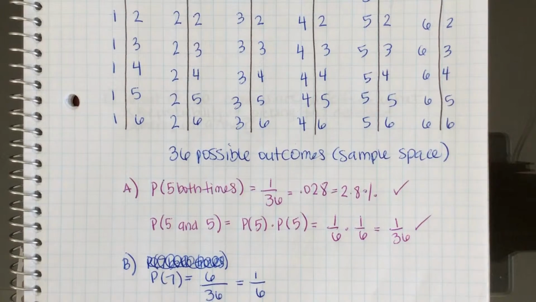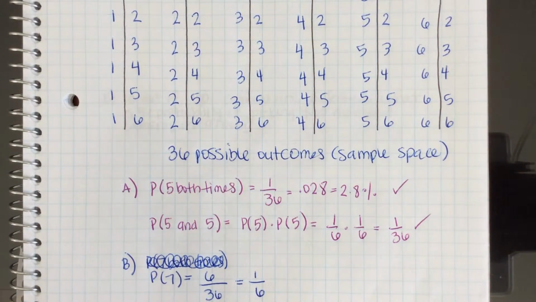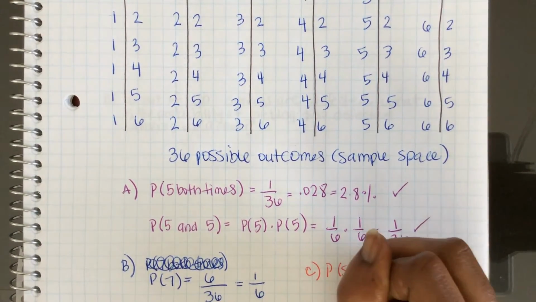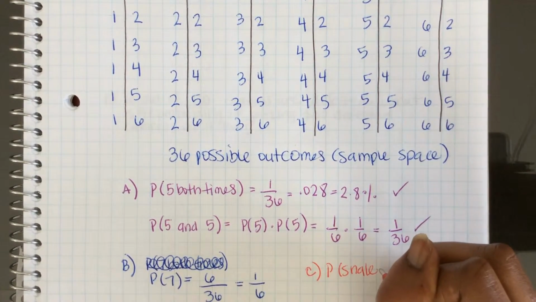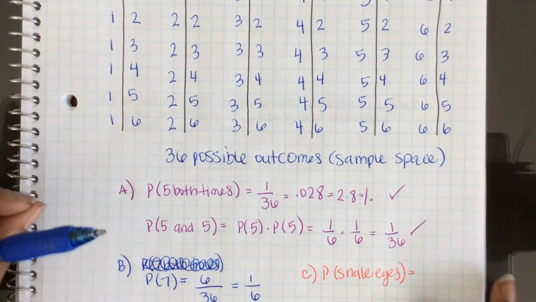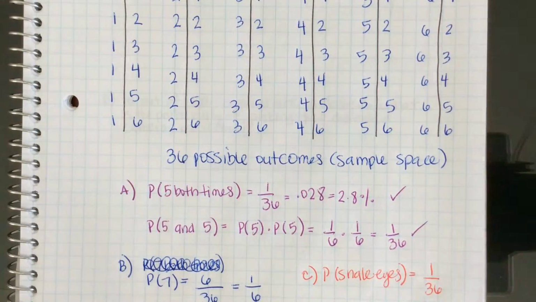So now, let's go ahead and try the third one. What's the probability of rolling snake eyes? Using sample space, I can see there's only one time I get snake eyes, 1 out of 36.